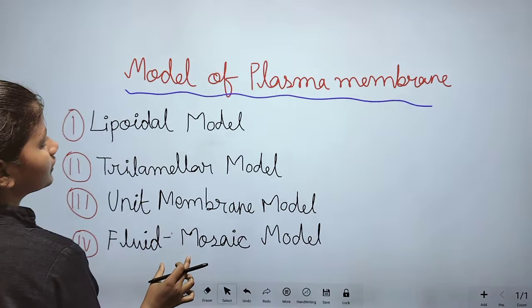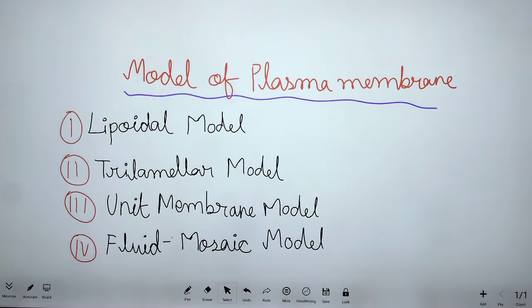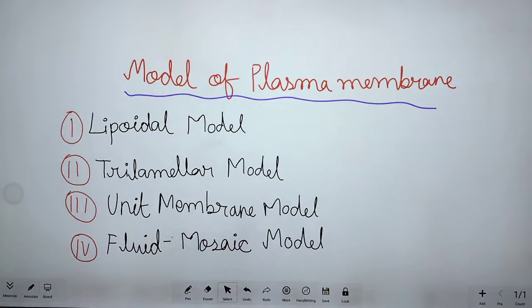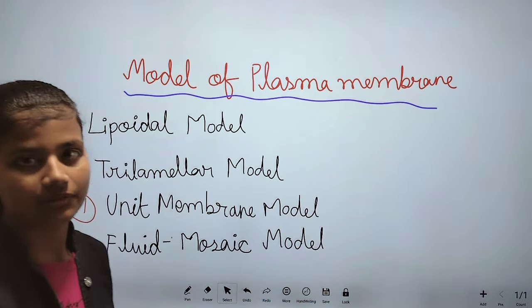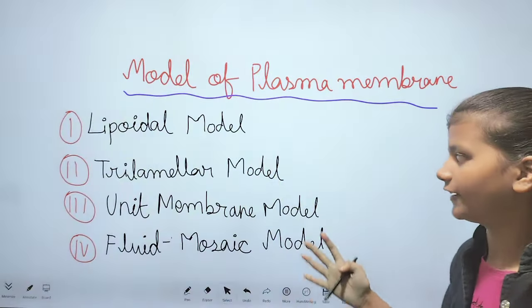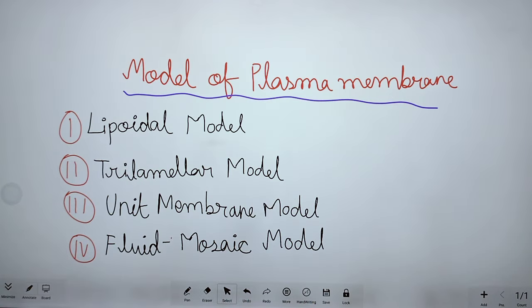Okay, these are the models of plasma membrane. The first one is lipoidal model, second one is trilamellar model, third one is unit membrane model, and the last one is fluid mosaic model.